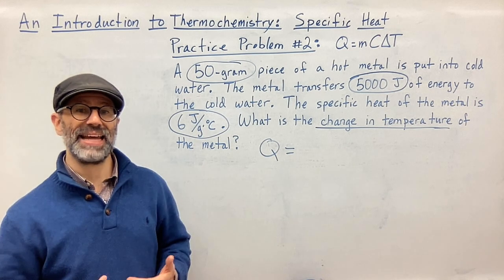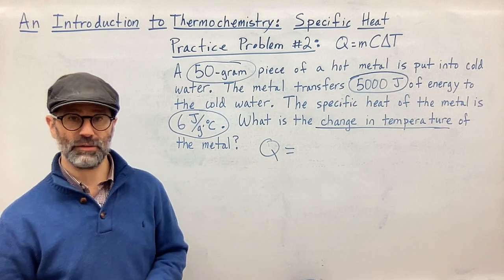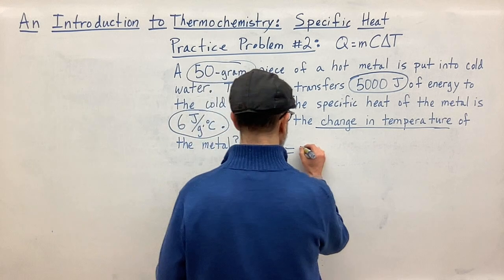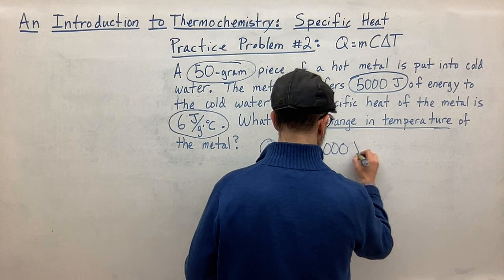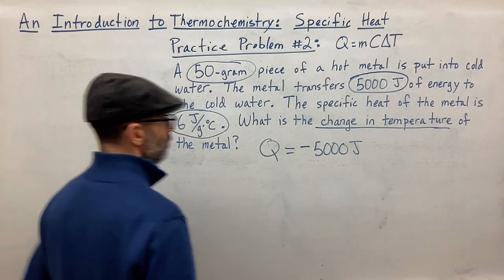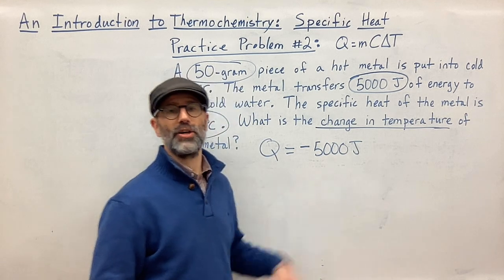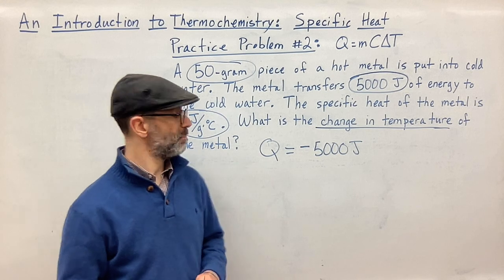So that's going to be an exothermic process, and that means Q is negative. So we're going to write down negative 5,000 joules. This is very important because if you don't get this right, you're not going to get the correct temperature change that you want.